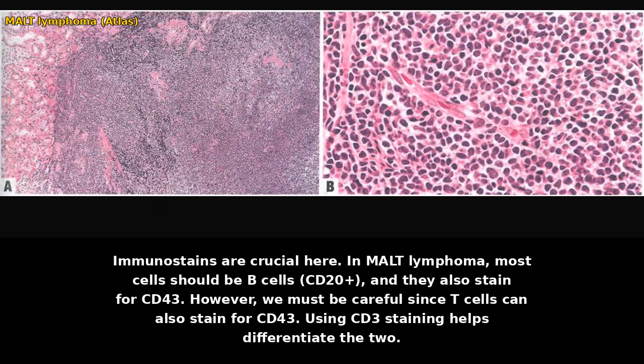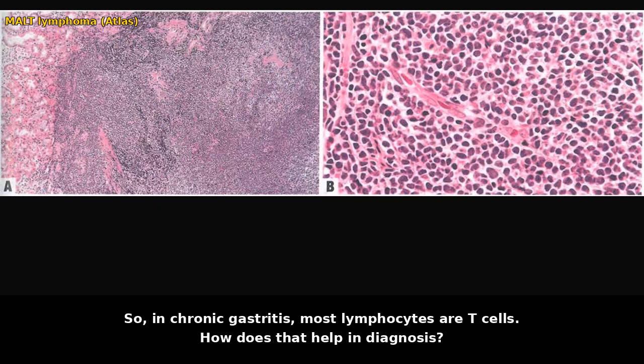However, we must be careful since T cells can also stain for CD43. Using CD3 staining helps differentiate the two. So in chronic gastritis, most lymphocytes are T cells. How does that help in diagnosis?